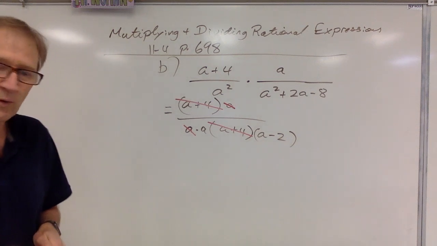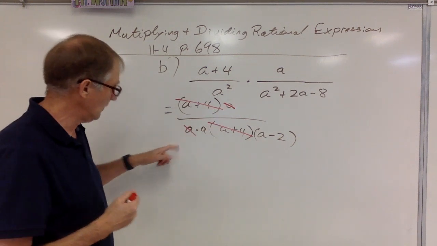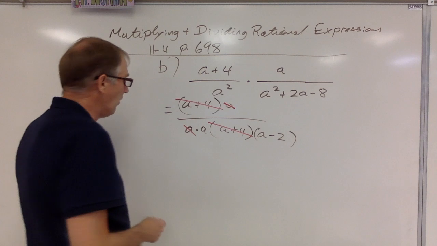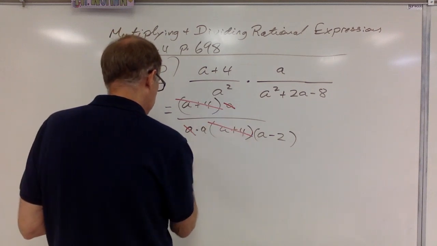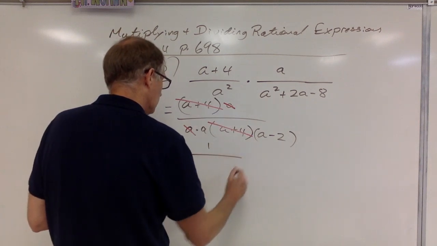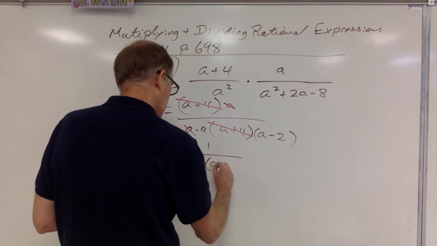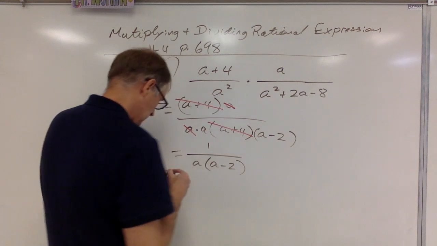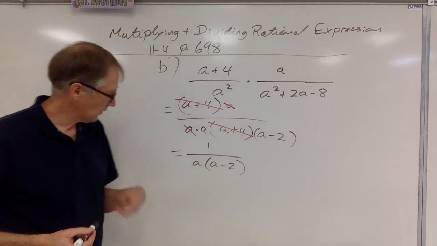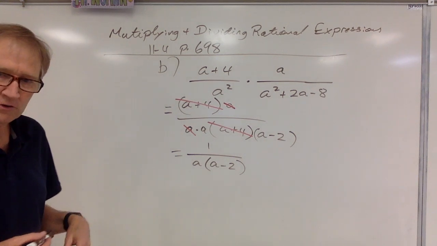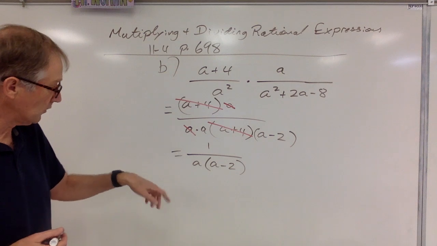We have the same in the numerator and denominator, so there's nothing left in the top, which means it's left with the number 1. And we write what we have in the denominator, which is a minus 2 times a. Or you could write that as 1 over a squared minus 2a.